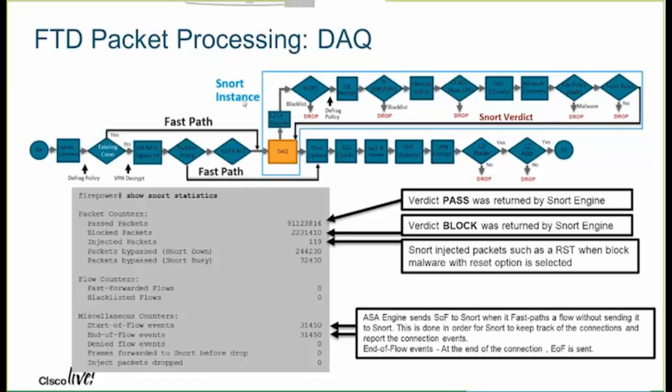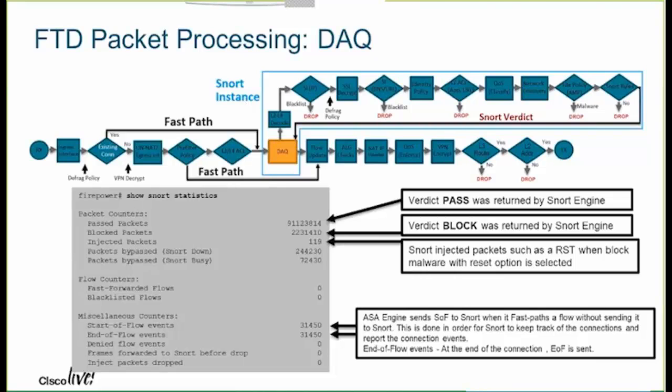In order for that connection event to be logged on the FMC, we send information back to Snort indicating that this connection was created and we have created a fast path for this specific traffic, based on which, although Snort doesn't actually see the traffic, it will log this event in the FMC indicating that that specific traffic went through the fast path over the normal traffic processing via Snort.